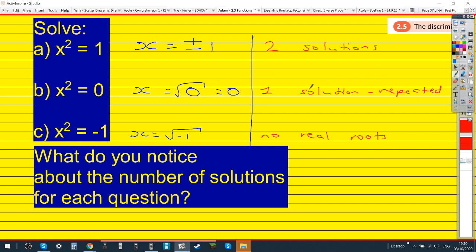So you could say it's 2, but it's just the same one repeated twice. And then the top one had 2. We could say that is 2 distinct real roots, or solutions. So 2 different answers.